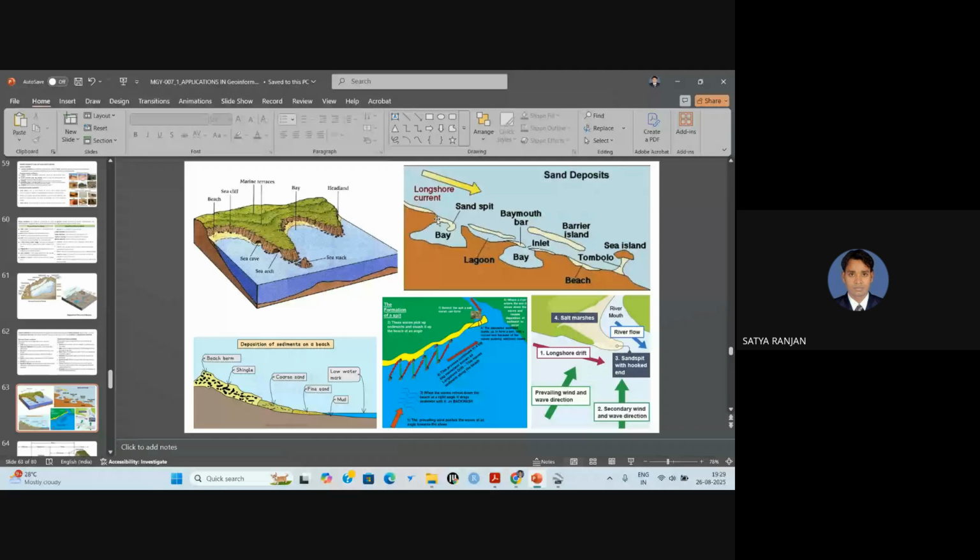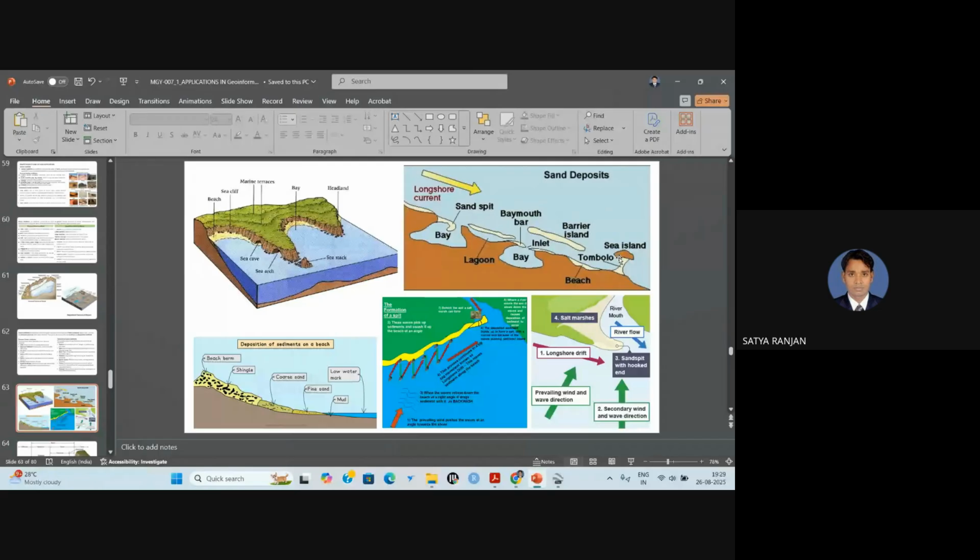So this is the spit. A spit is generally connected with sand areas to some mainland areas. This is the spit, bay mouth, and barrier island, which is parallel to the beach. And a tombolo is when an island is connected with the mainland.